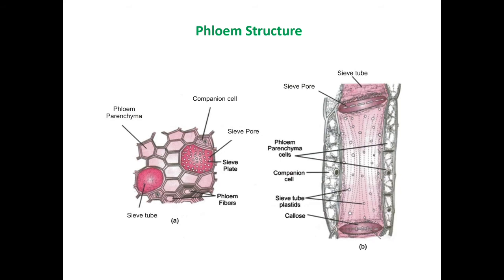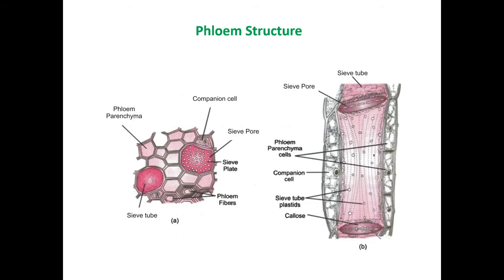These proteins are called slime bodies in the younger cells, and in the older cells they are present in the form of longitudinal strands or fibrils. In the older cells they are present as longitudinal fibrils.